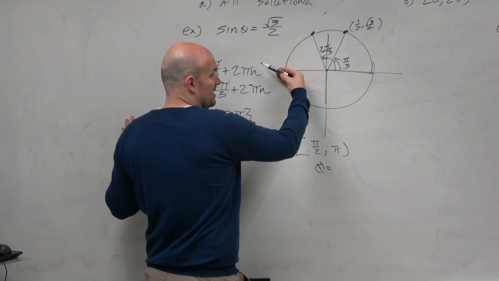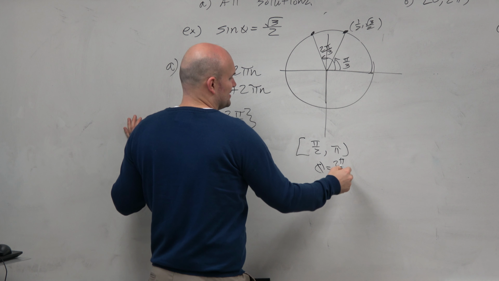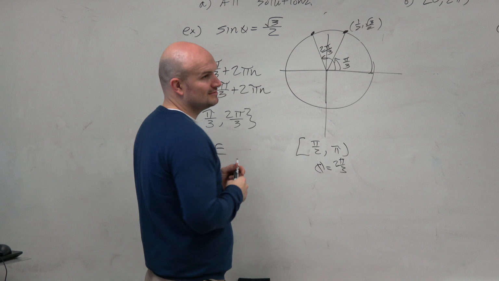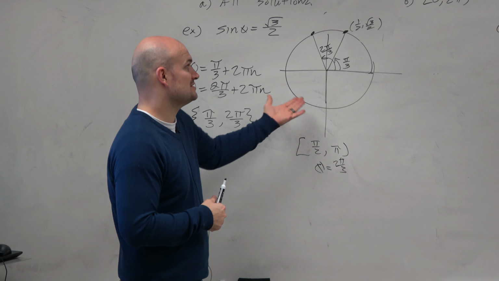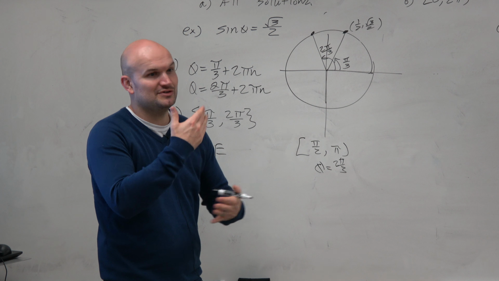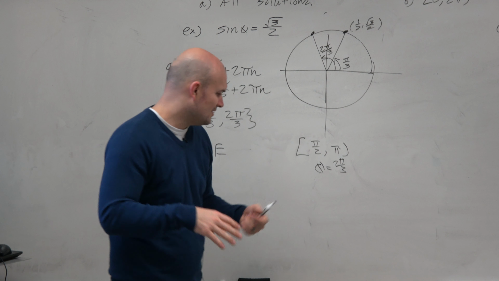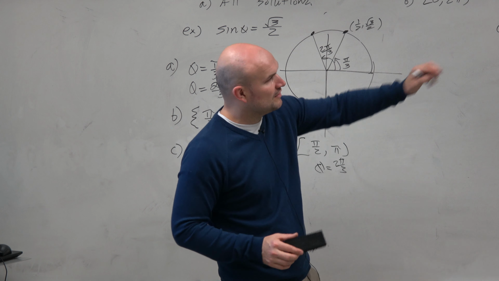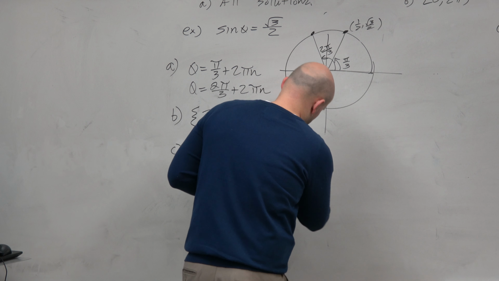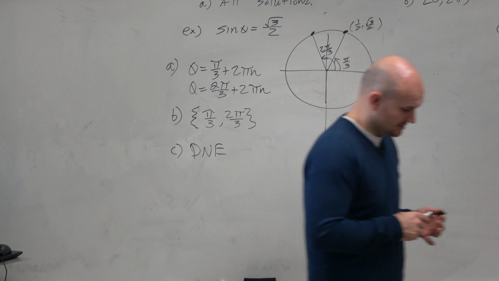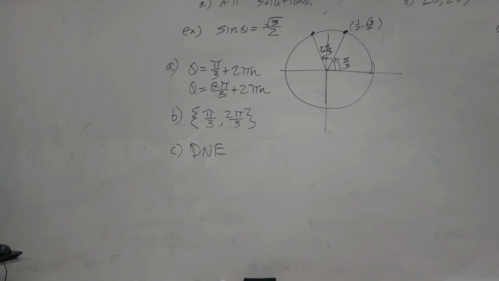Pi halves to pi. 2 pi over 3. Right? So we can have fun with this. I could also do from 0 to 4 pi. And then you'd have to do one extra revolution. So it can get crazy. For today, we're just going to focus on 0 to negative pi halves. Okay? All right. So I'll have my first two groups here.